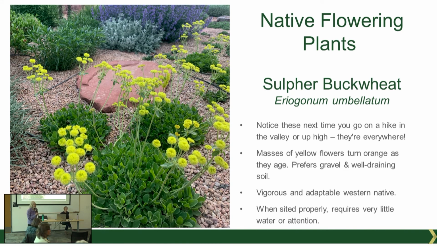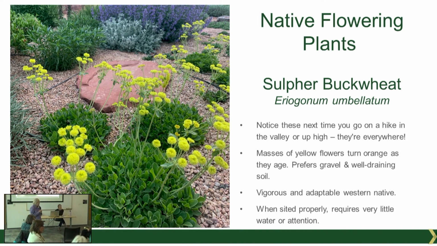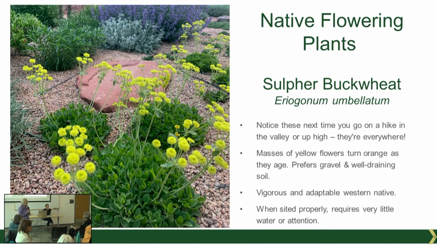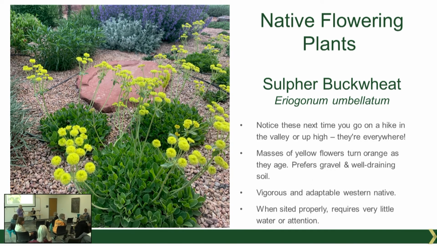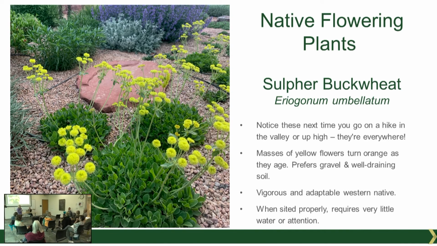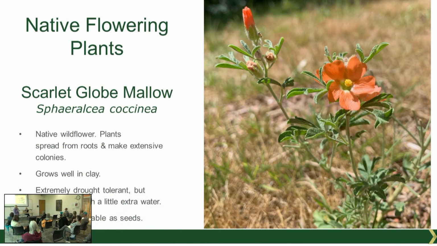Yes? With your plant lists, is there any information on whether they're preferred for deer to graze? We have stuff in our yard and it just gets trounced. The question was, when you look at our plant lists, are there any that are animal deterrent, so to speak? We do have lists that are deer resistant.